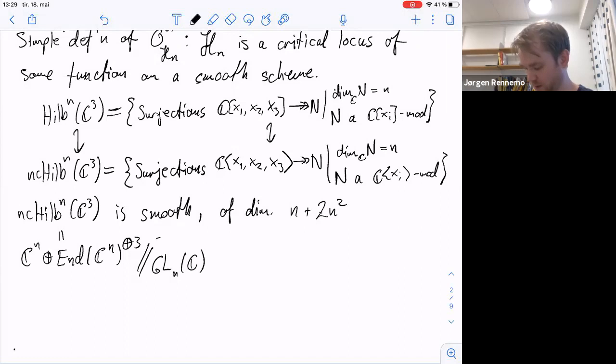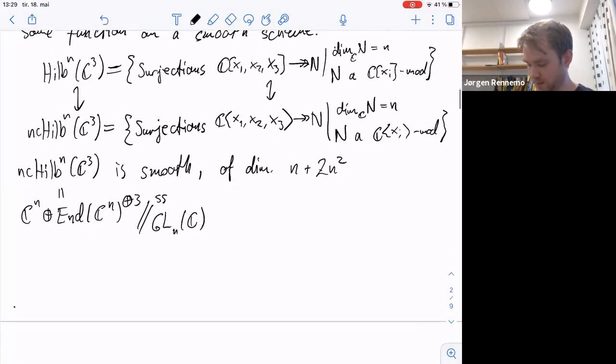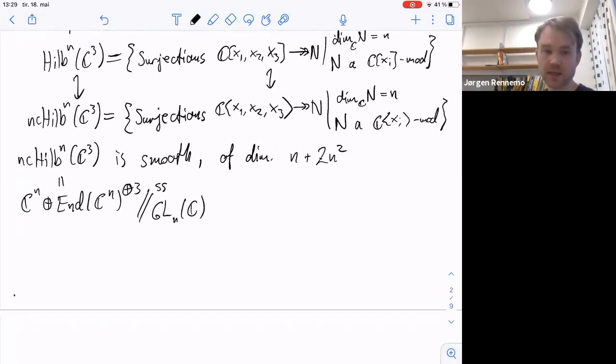There's some stability condition, but it's simple. Once you have that observation, you get the dimension and the non-singularity pretty easily. So the Hilbert scheme lies inside this bigger smooth space, and now you can have the function.